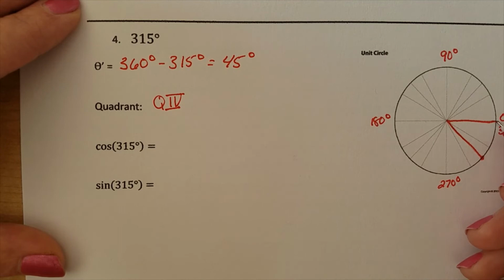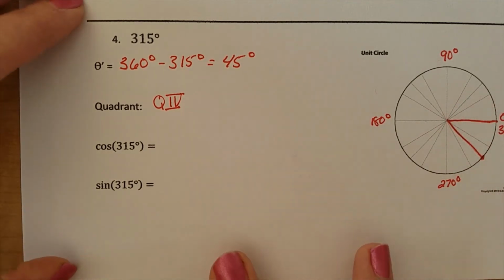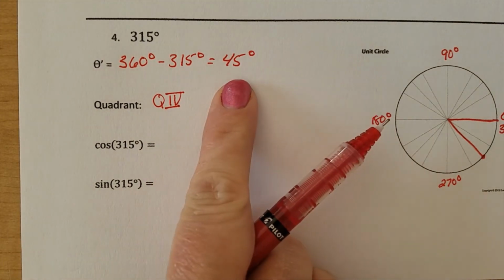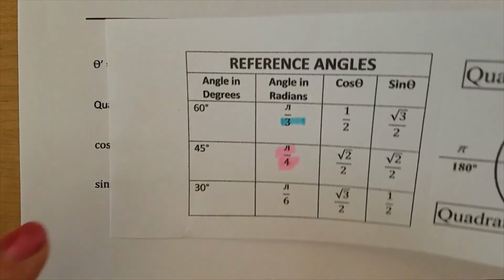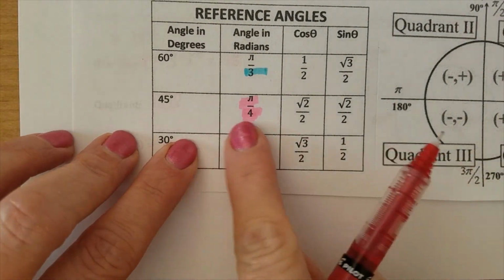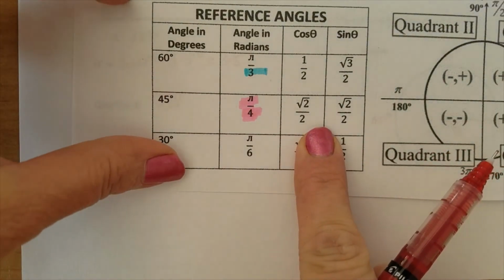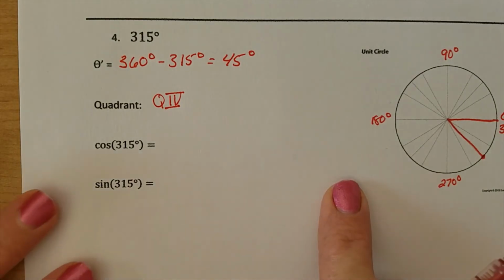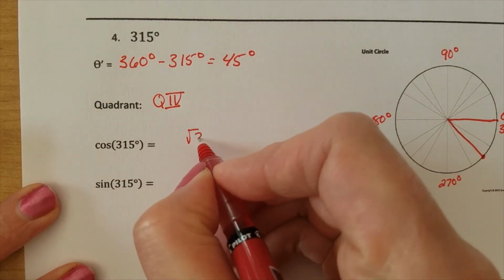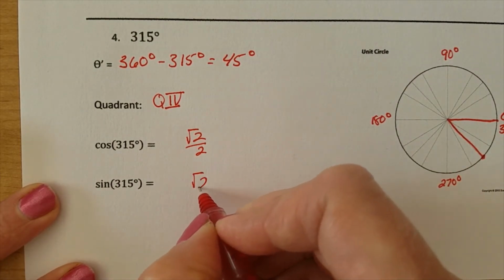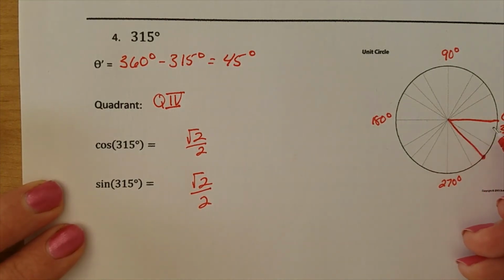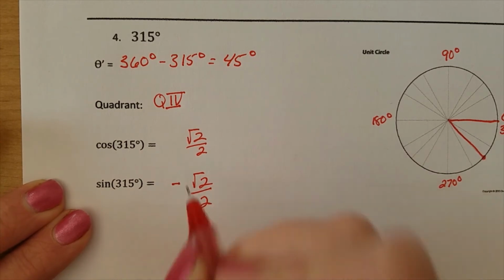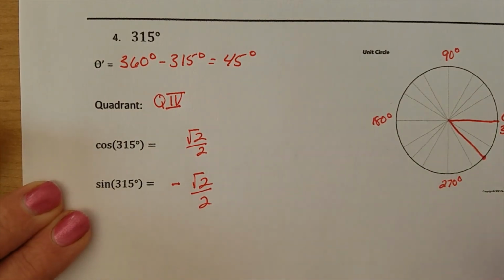There's my initial side. Remember, counterclockwise is positive. A reference angle of 45 degrees, if you look on your chart, is the same as pi over 4, square root 2 over 2, both sine and cosine. If I'm in quadrant 4, cosine is positive, sine is negative.